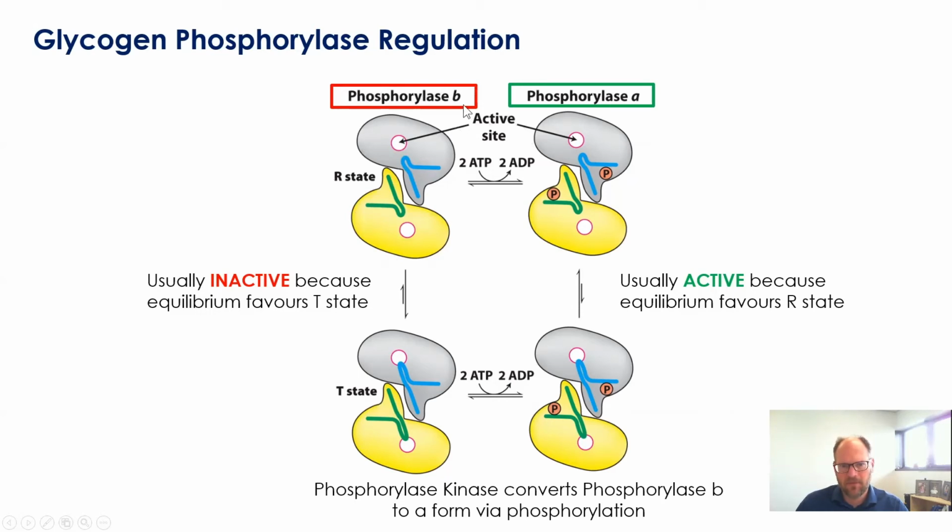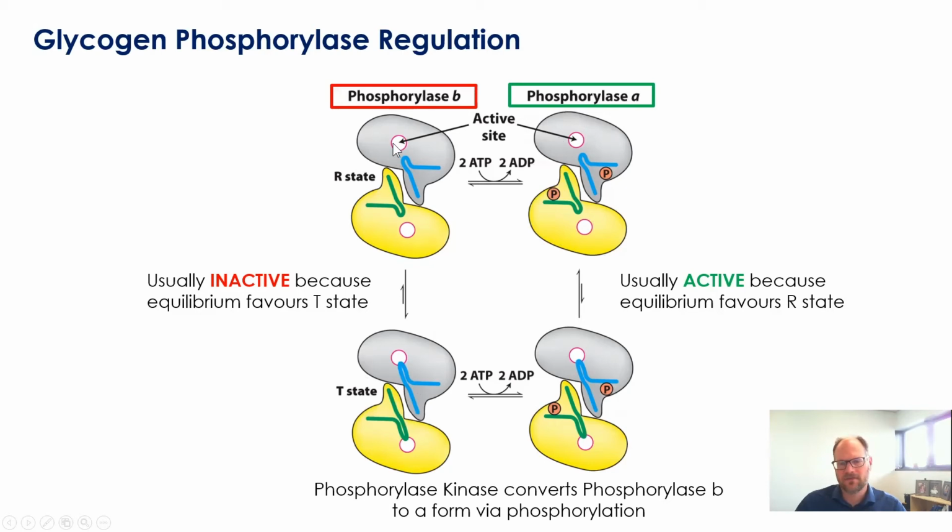Now, both the B and A can exist in both T and R states, but the phosphorylation tends to drive the enzyme to favoring this relaxed isoform, and the dephosphorylation tends to drive it towards favoring this tense or inactive isoform.